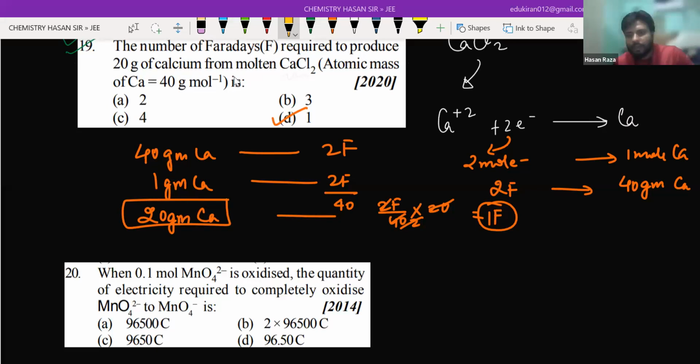Are you able to solve this, Chavez and Faiza? Yes or no?